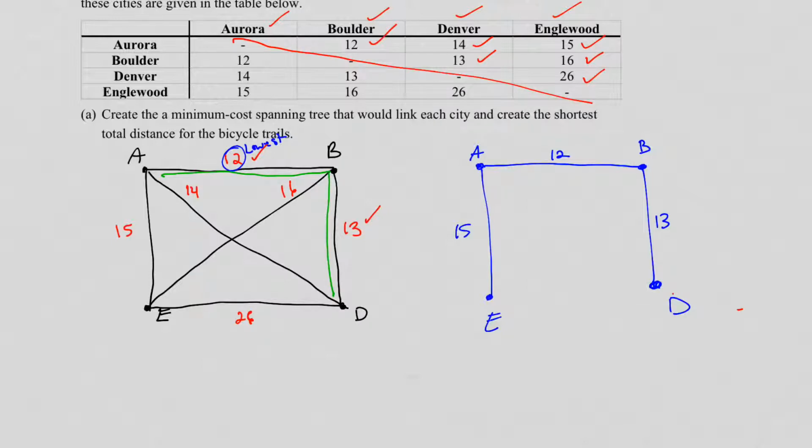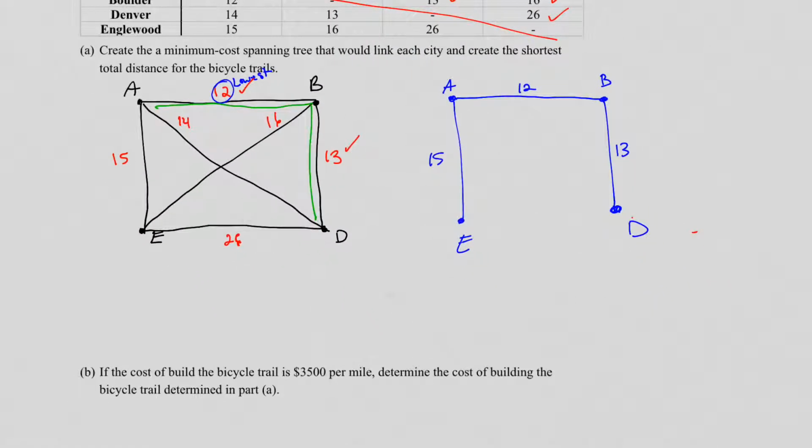Okay? So if we add these up, how many miles would this be? So 15 plus 12 plus 13. That's 40 miles. Okay. So there's the tree. The shortest distance would be 40 miles.